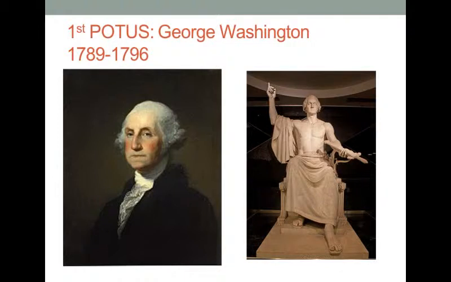So enters George Washington, first POTUS, serving from 1789 to 1796. Folks, the first thing we should know about George Washington is when he was voted to be president, it was unanimous.